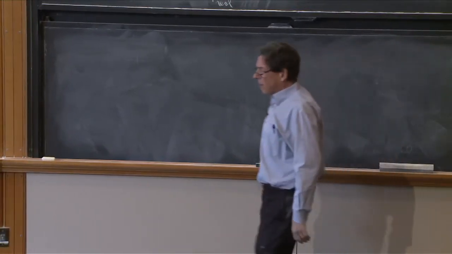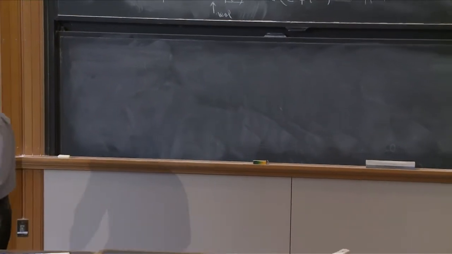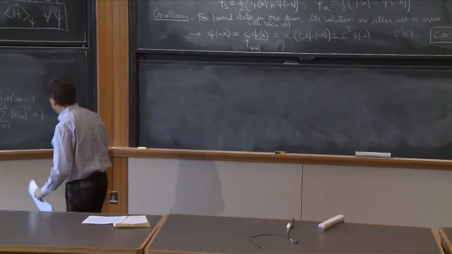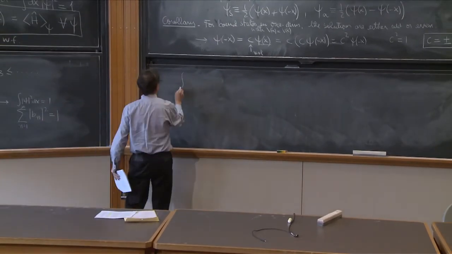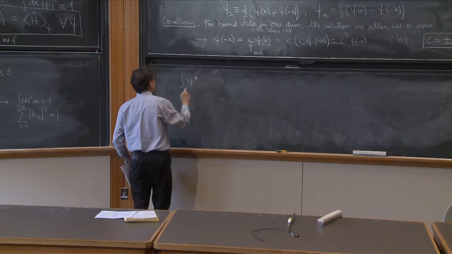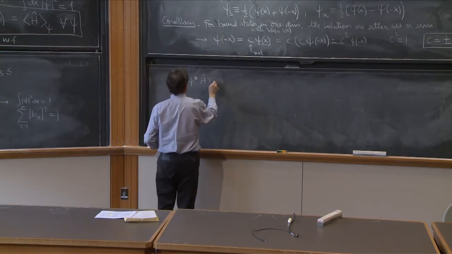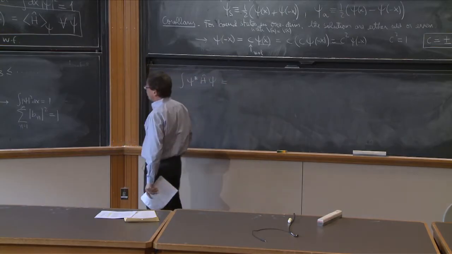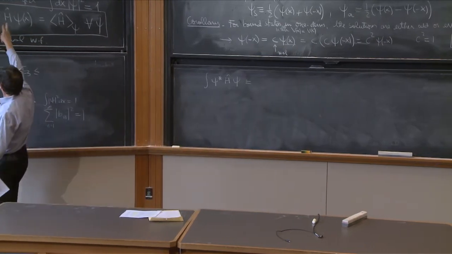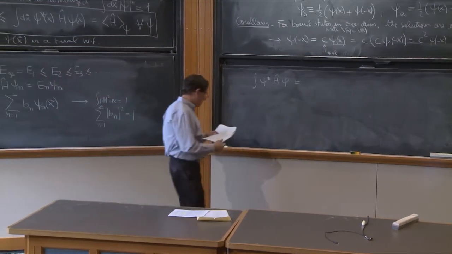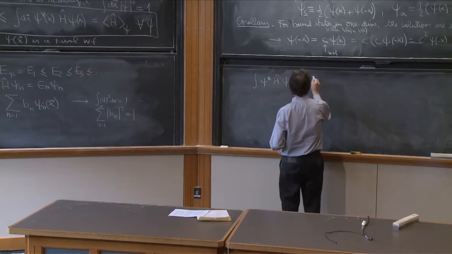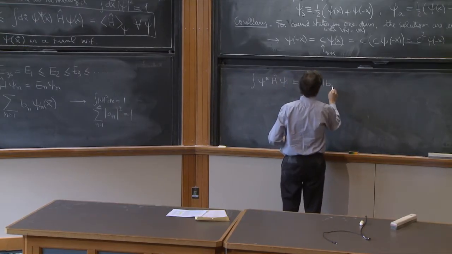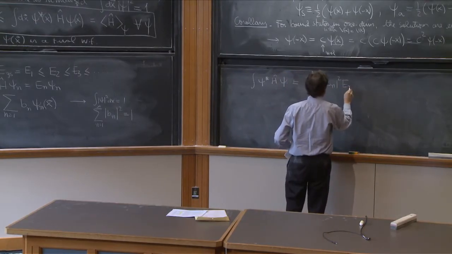Then there's the other computation that we also sketched last time, which is that the integral of psi star H psi, which is what we want to compute, H hat psi, is actually the sum of Bn squared En.